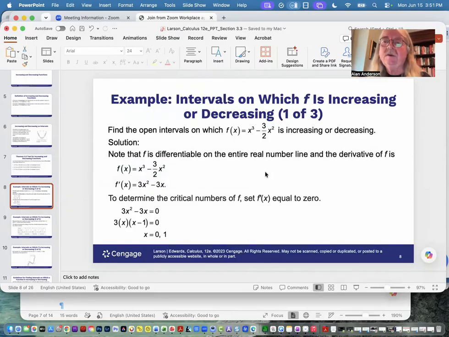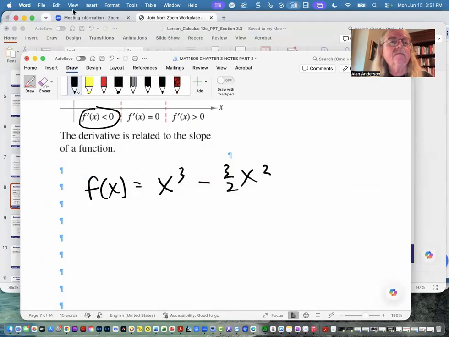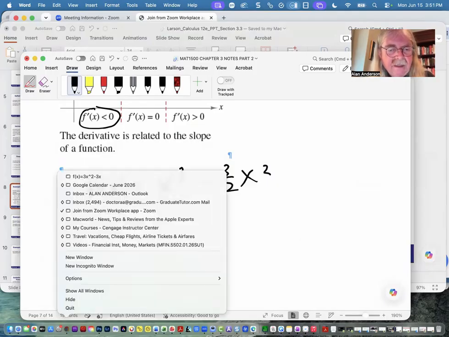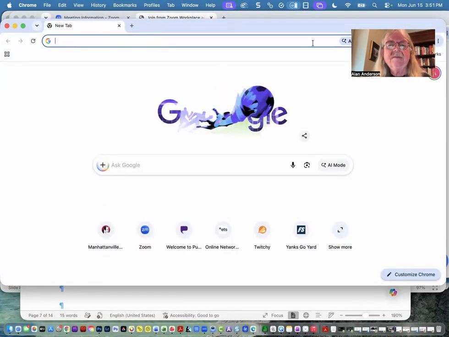Before we go any further, why don't we take a look at the function on Symbolab? It's kind of hard to visualize what this thing looks like, but let's go look at Symbolab.